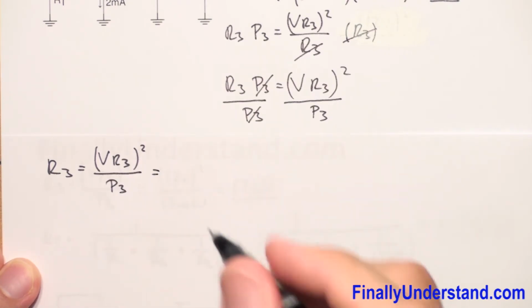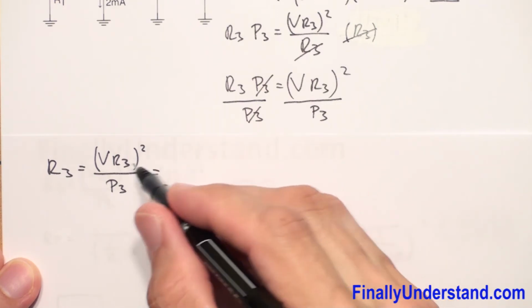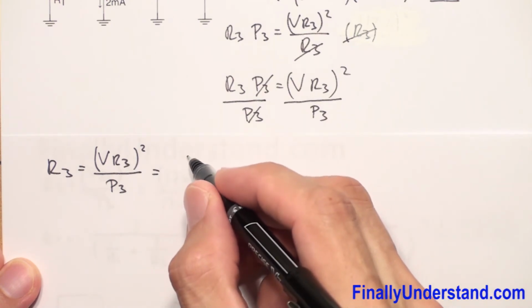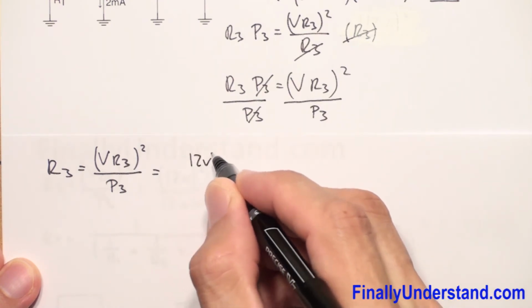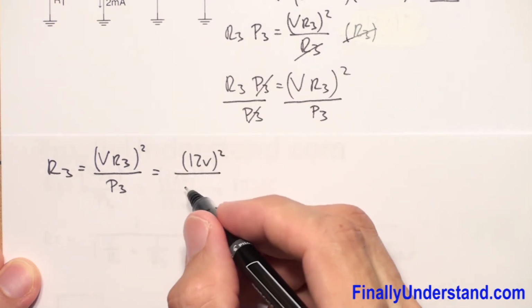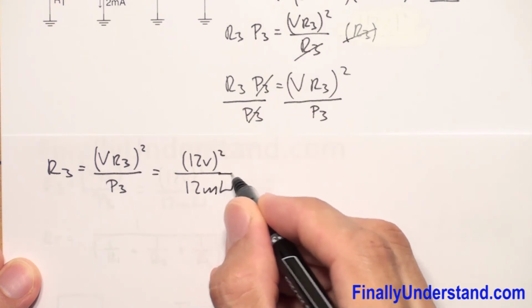Okay, so right now I'm going to plug in the values. So VR3 is equal to 12 volts. I have to raise this to the second power over P3, which is equal to 12 milliwatts.